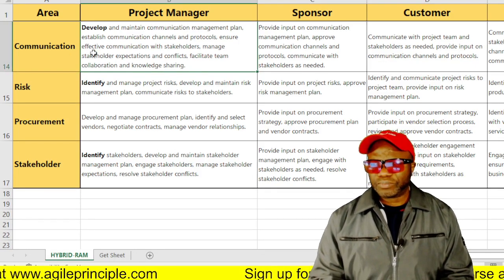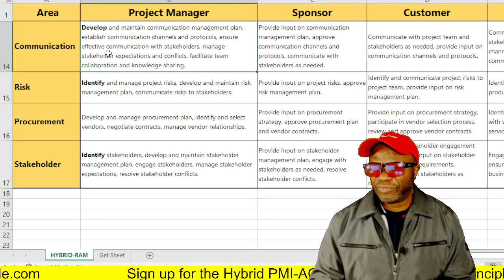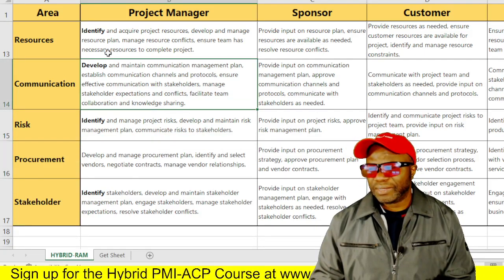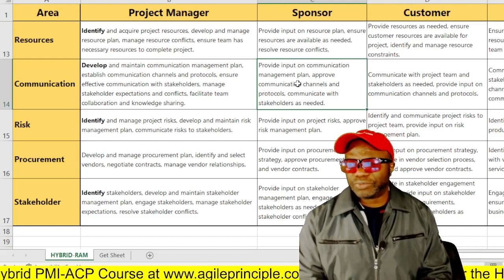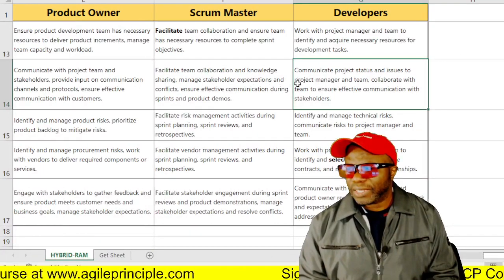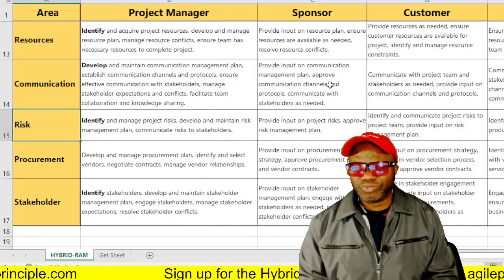All right. So as far as communications are concerned, we have pretty much all of that done. Okay, let's go over that. Develop and maintain communication management plan, provide input on communication, communicate with team, and I believe we've done the communications piece. Let's go on to risk.